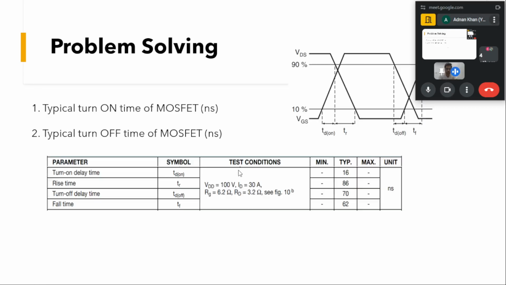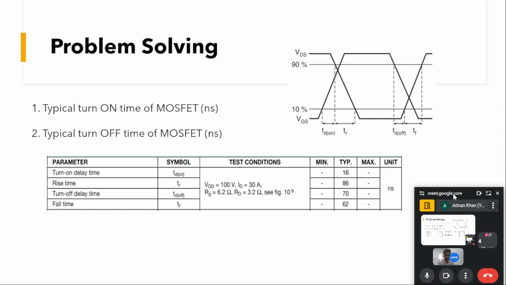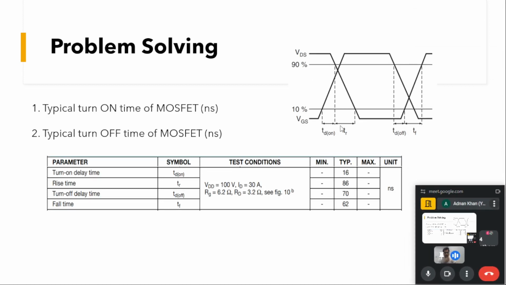Like in the previous session, if you see the switching waveforms for the MOSFET, during the turn on and turn off, first there is the turn on delay time, then a rise time, and during the turn off interval there will be a turn off delay time and a fall time, and this we had discussed in detail in the previous sessions as well.